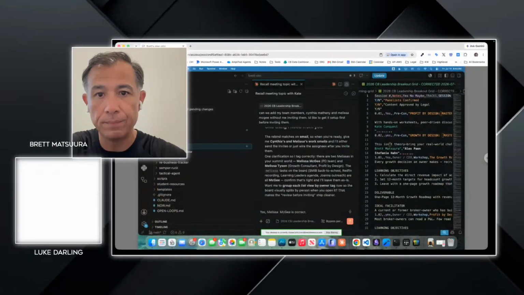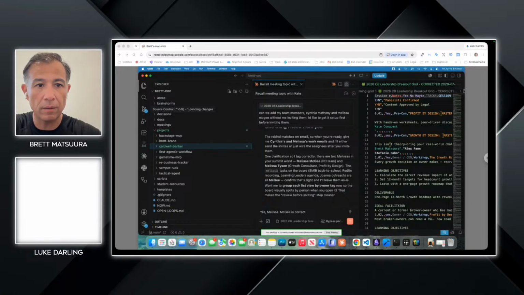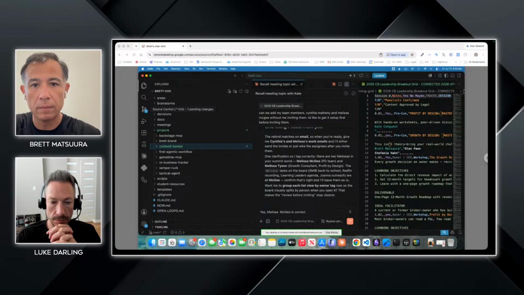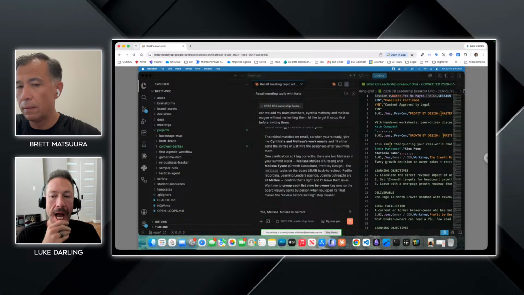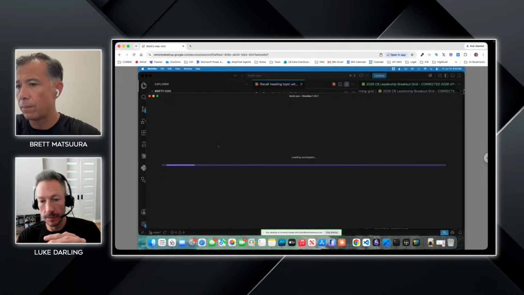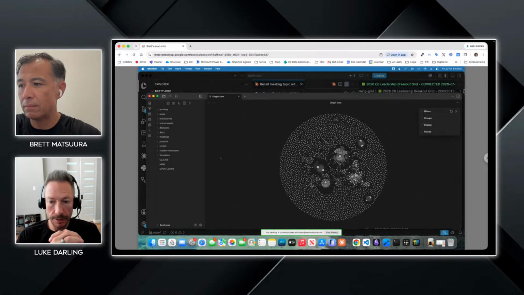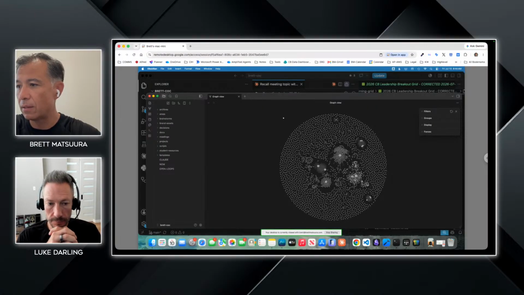Okay, so let me share my screen. This is my Obsidian brain, my second brain right here. Everything's connected by wikis.